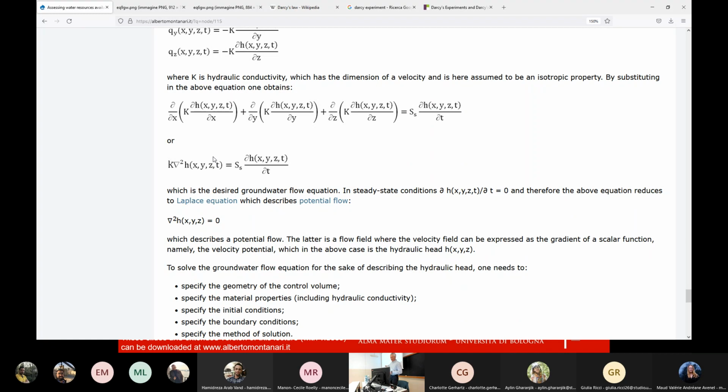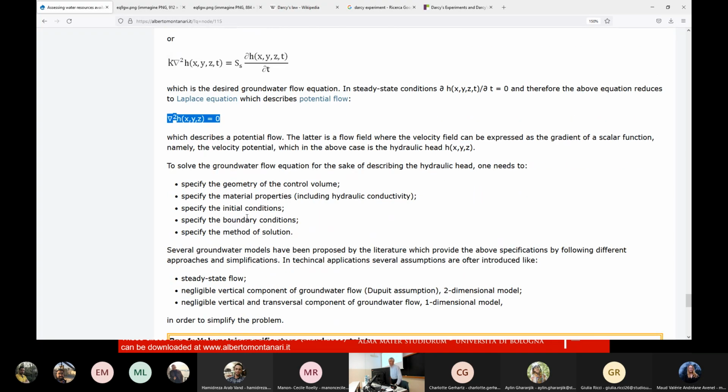And in steady state condition, you get the equation that you see here, which is a Laplace equation, okay? If you annihilate the dependence on time, you get a Laplace equation, which is widely used to describe potential flow. I think you probably already met the Laplace equation. If you are interested, there is a Wikipedia link here.